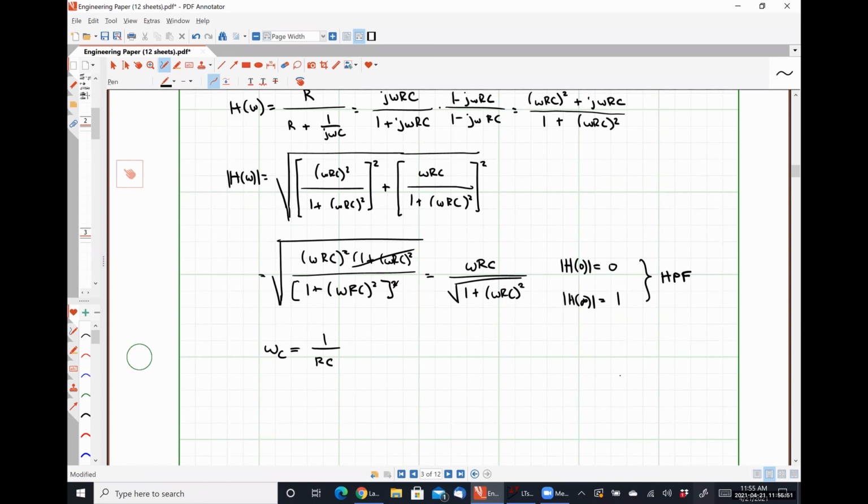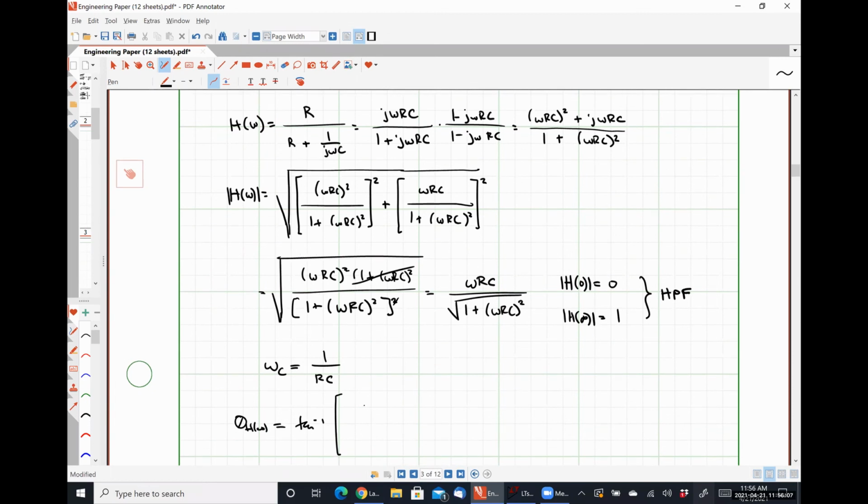All right. And so our last thing here to look at then is our phase. So that is going to be the inverse tangent of the imaginary portion, which is omega RC divided by 1 plus omega RC squared, divided by the real, which is omega RC squared divided by 1 plus omega RC squared, which gives us the inverse tangent of 1 over omega RC.